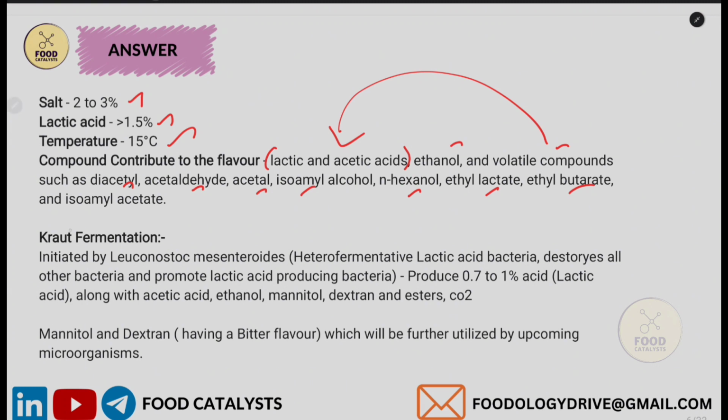So what is the fermentation? How does this fermentation start? It is started by Leuconostoc mesenteroides. This is not the very first organism to attack the cabbage, but it is the first which outcompetes all other microorganisms.